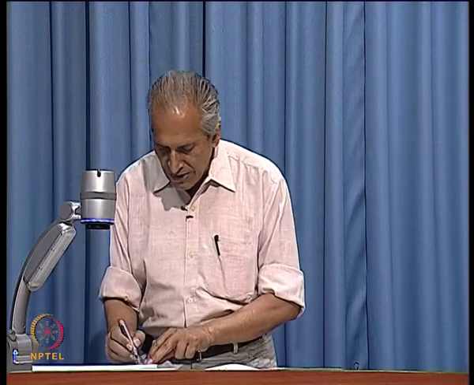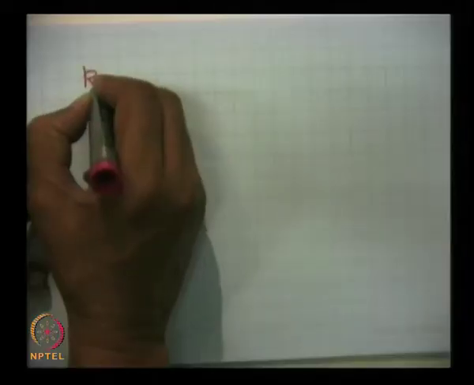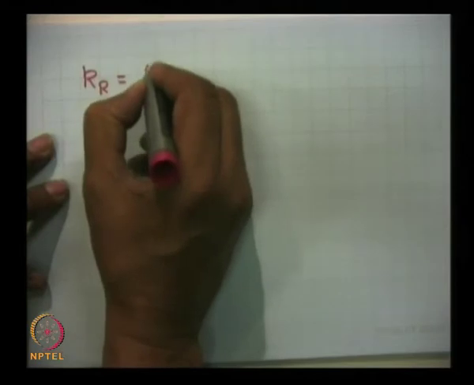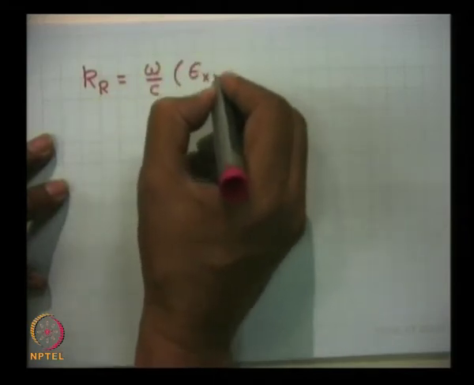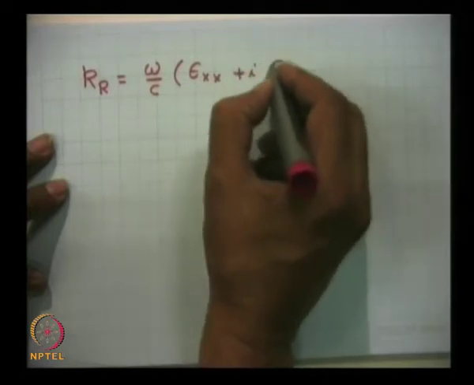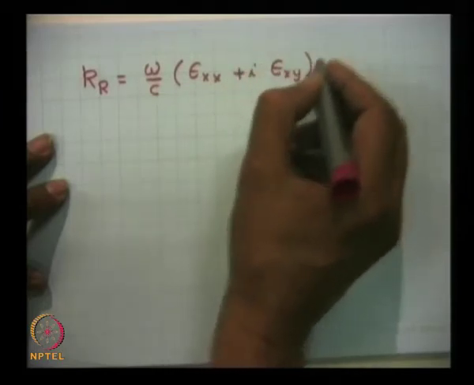Let me just write down the value of kr. I wrote down this is equal to omega by c, epsilon xx plus i times epsilon xy, under the root.